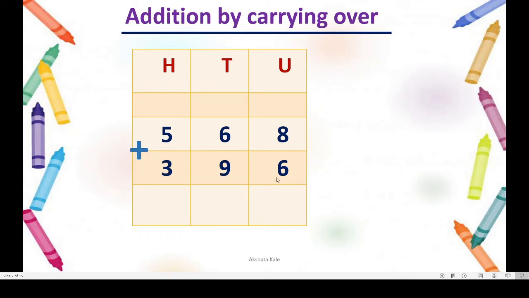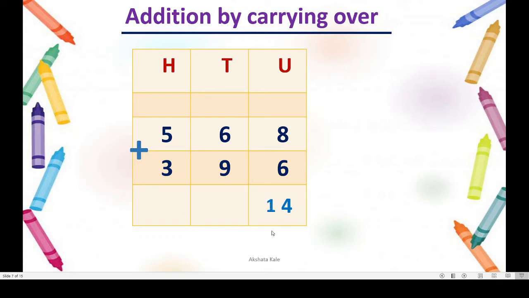Now we will start addition. You know that we always start addition from the right side, means from the unit place. We will start now. 8 plus 6. 8 plus 6 is how much? 14. So we will write the answer here, 14.